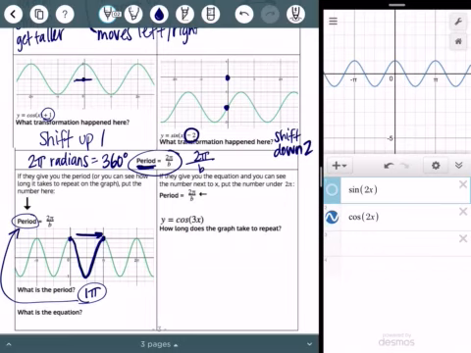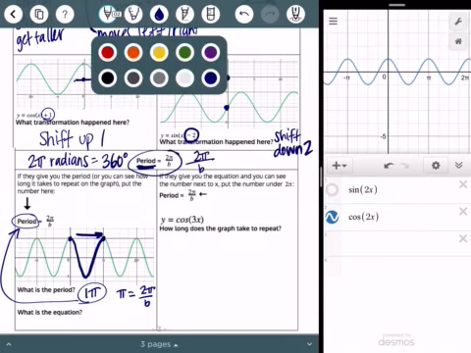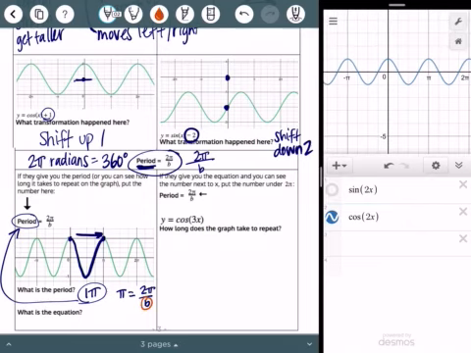So I would say pi equals 2 pi divided by b. I could ask, okay, what number do I have to put in for b? And the number that I have to put in here is 2, because then the 2 and 2 divide out and leave me with just pi. So I know that b equals 2.